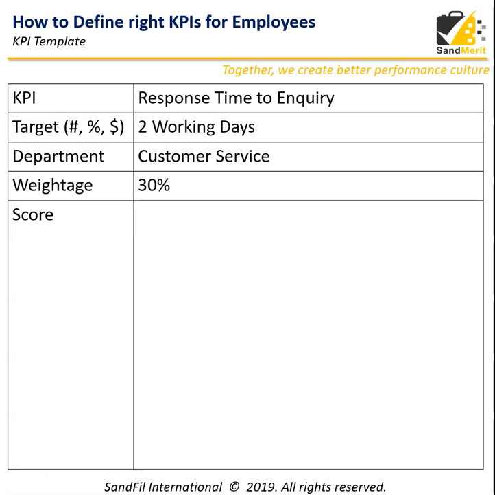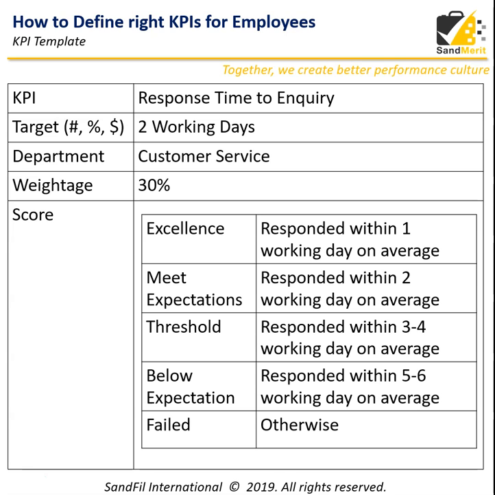In this case, for response time to inquiry, you expect 2 working days to respond. The department is customer service. Weightage is 30%. For your performance standards, if your employee can respond to customer within 1 working day, meaning he or she achieves more than what you expect, that should be an excellent performer.